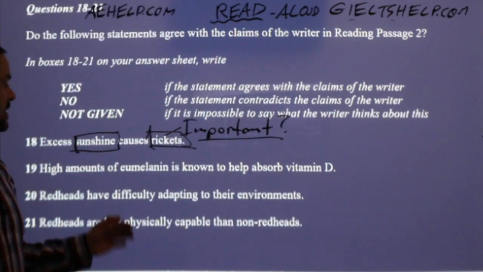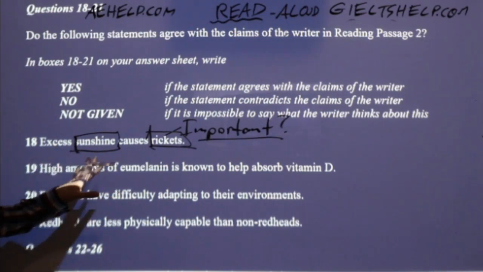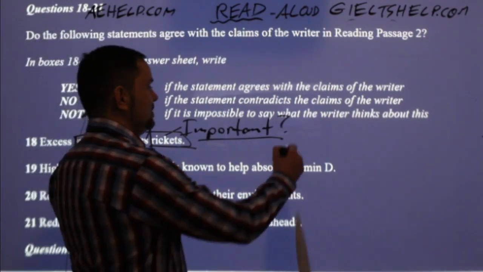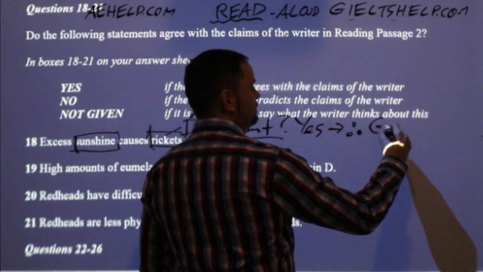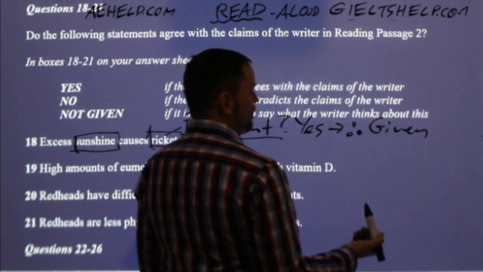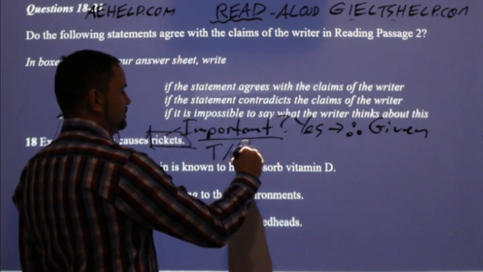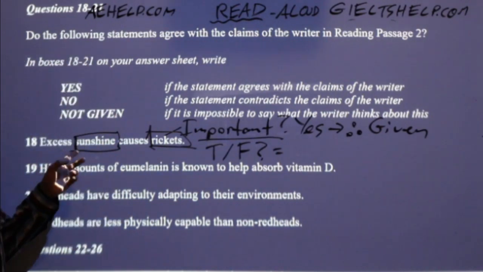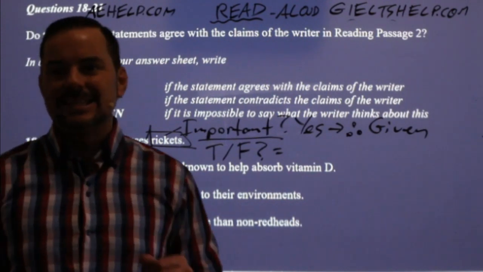So would this be an important piece of information to know that too much or too little sunshine causes rickets? Roshni says, yes, it's important. Therefore, we know that it's given. Now we just need to figure out if it's true or false. So, is that true that too much sunshine causes rickets?